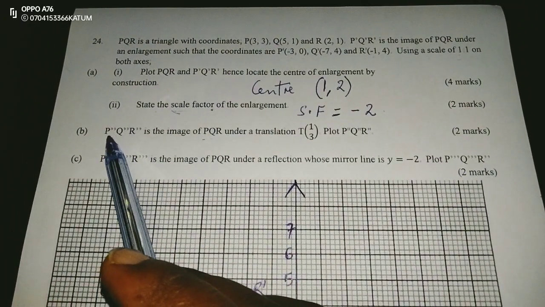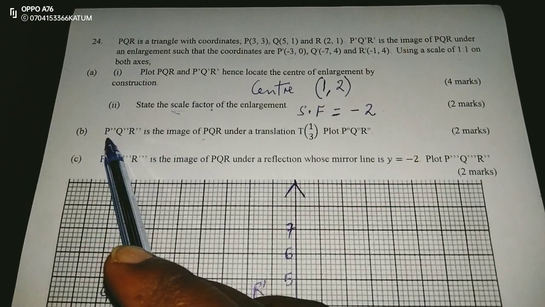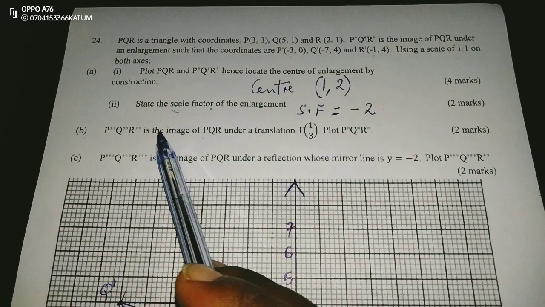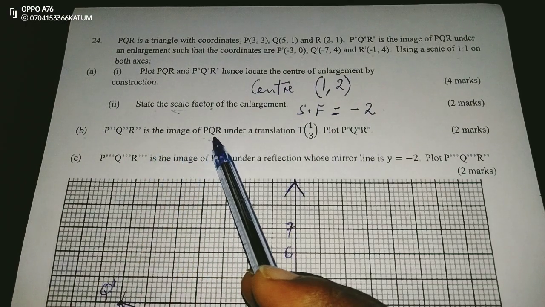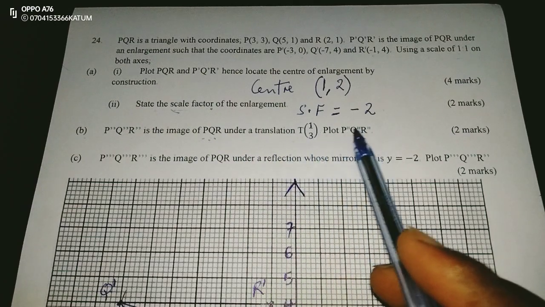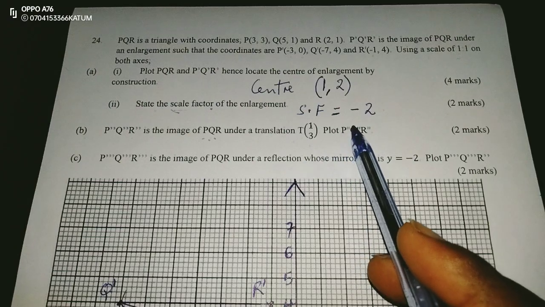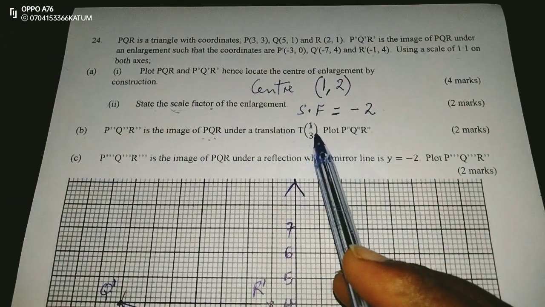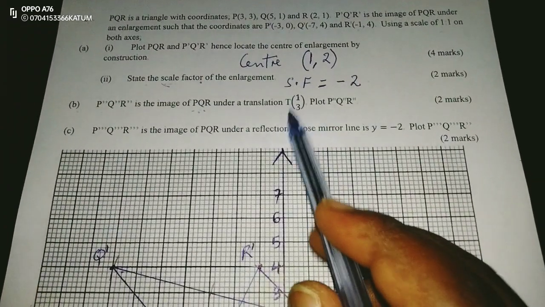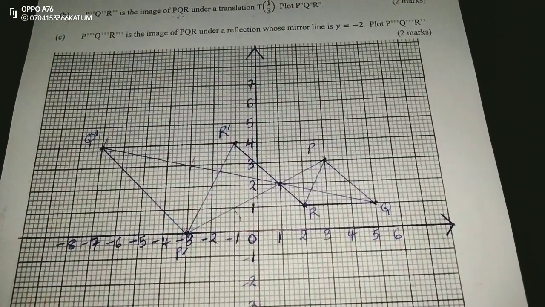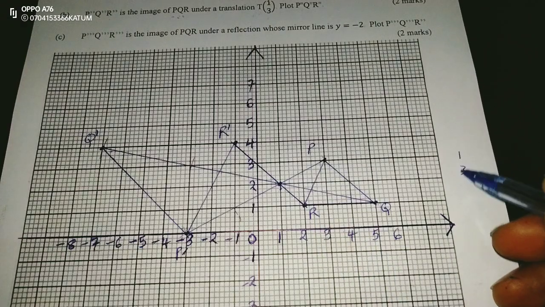We are also told in part B that P double prime, Q double prime, and R double prime is the image of PQR under a translation T. Plot P double prime, Q double prime, and R double prime through a translation vector T, which is (1, 3). So we're going to translate PQR under translation (1, 3).